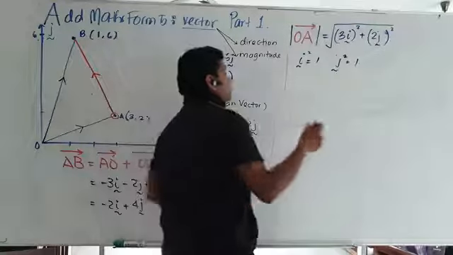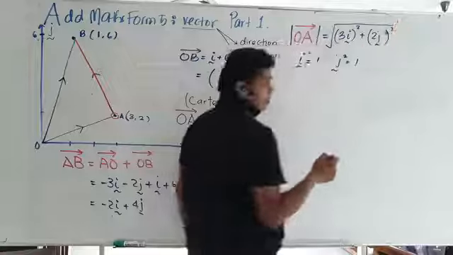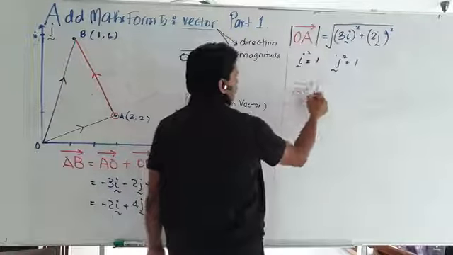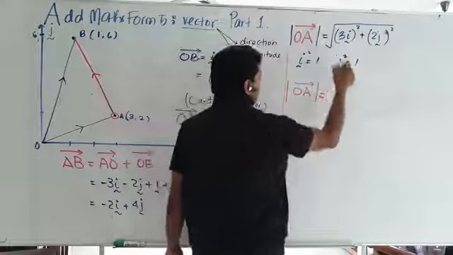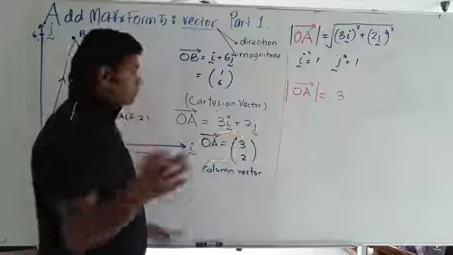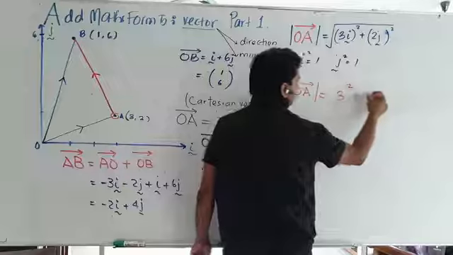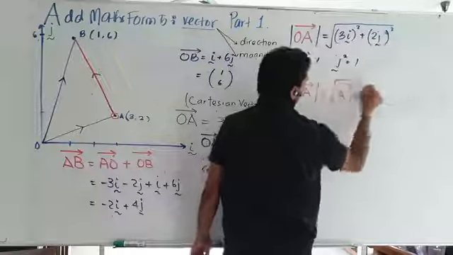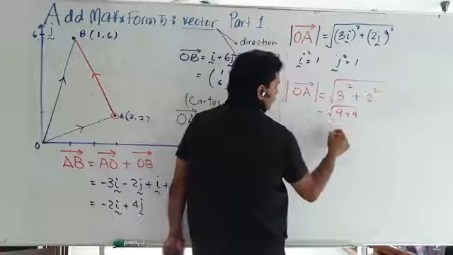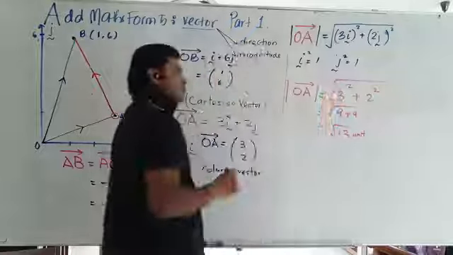So what most teachers in school will do is, since i squared is already 1 and j squared is already 1, they will straight away do it this way. For vector OA, just take the 3, the number in front, because i squared is already 1, so they just ignore it, which is acceptable, and then plus 2 squared, square root. You get 9 plus 4, so your answer is square root 13 units. That's the answer for OA.